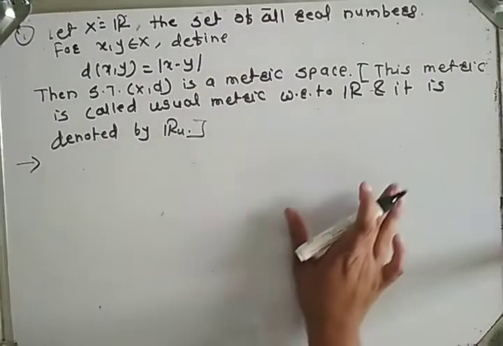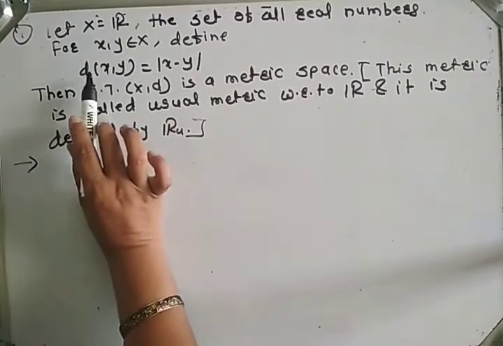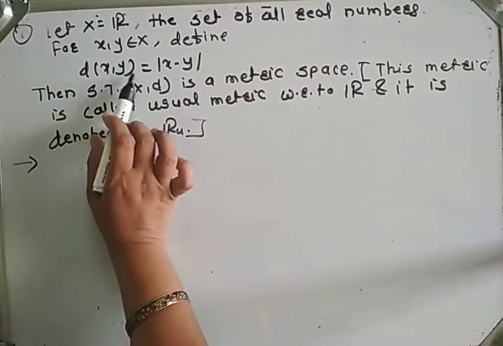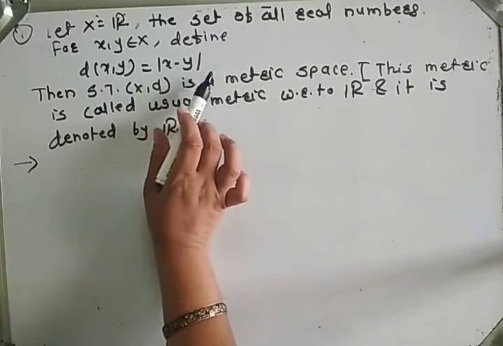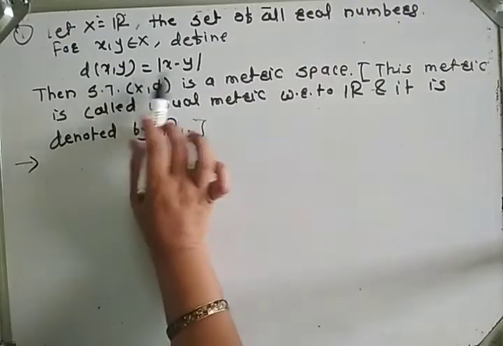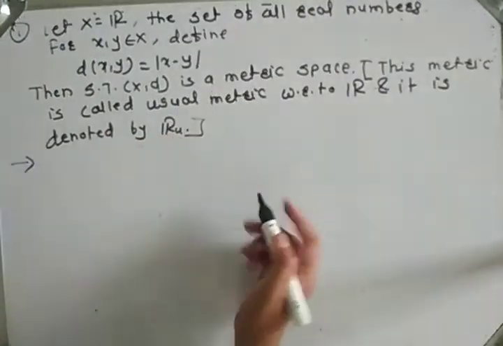You have to always remember that when d is defined as d of x, y is equal to mod x minus y, it is a usual metric.